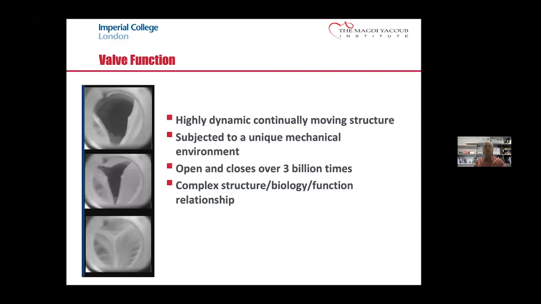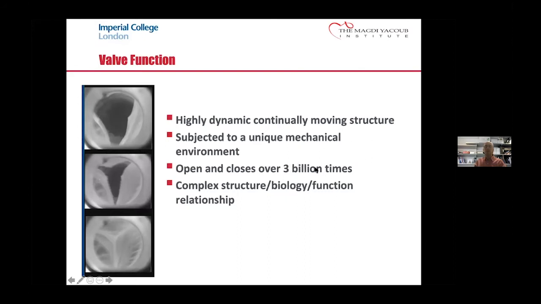It's exposed to diastolic pressure on a cyclical basis, and it's been calculated, I quote this number quite a lot, that in an average lifetime, which is nowadays measured at 75 years, but it's probably more, your valve will open and close 3 billion times. And in most of us, it will do so without malfunction at all.